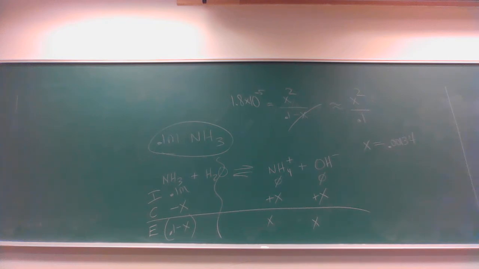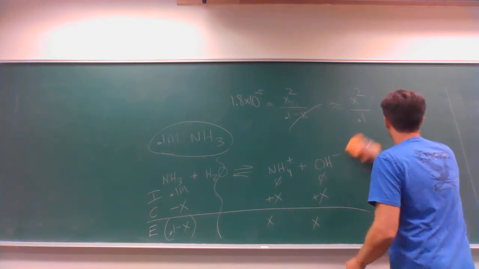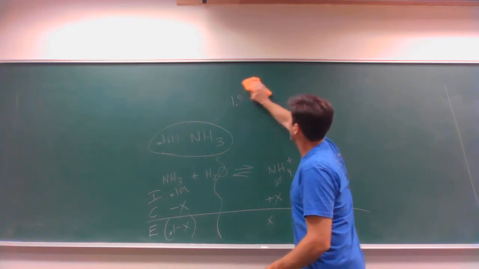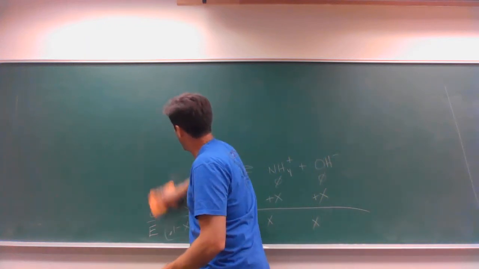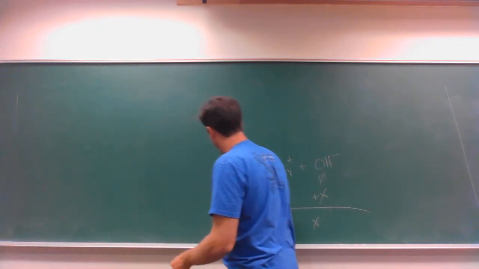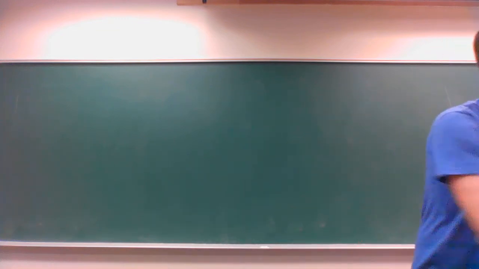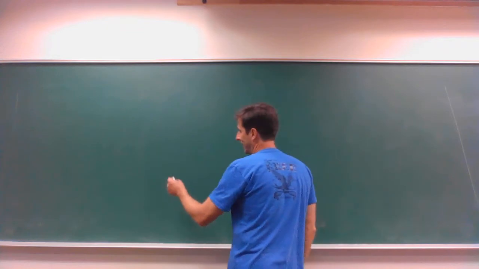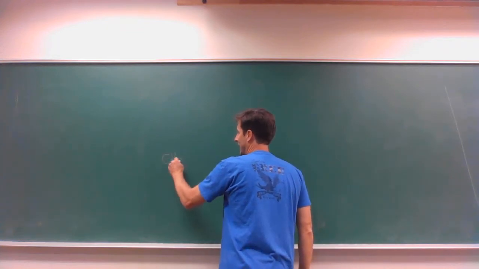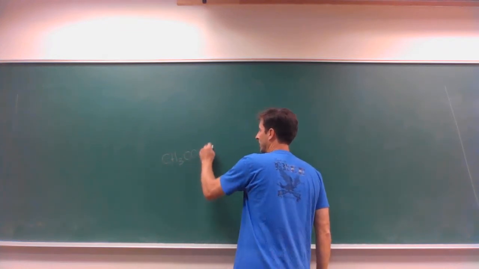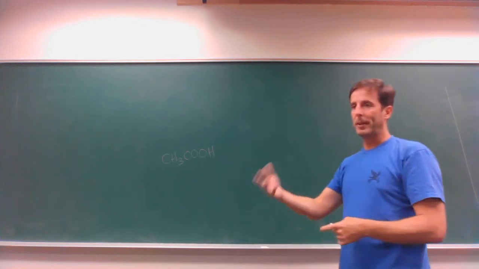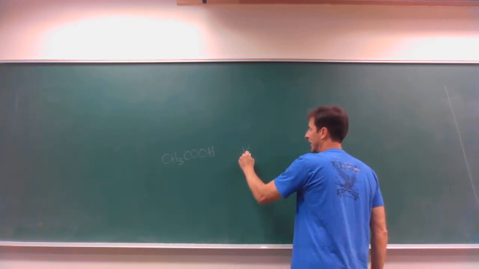So now the next slide. There are going to be times when we are dealing with acids and bases where you're going to have an acid, let's say acetic acid, CH3COOH, and then we can look up the Ka value for that.